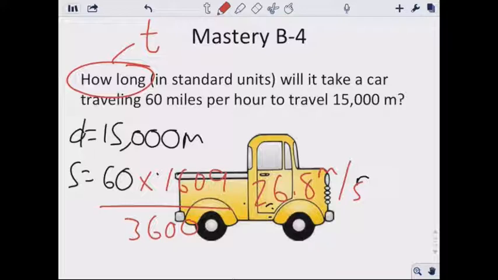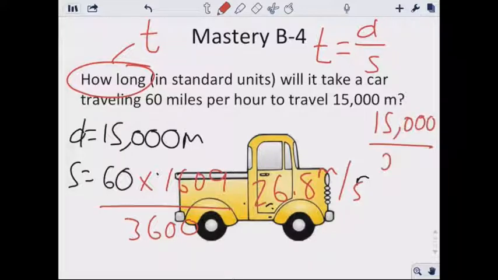Our equation, since we're solving for time, we rearrange our equation so that time equals our distance all over our speed. And we go ahead and take this, plug everything in, distance of 15,000 meters, all divided by 26.8 meters per second, and that will give us a time of 560 seconds.